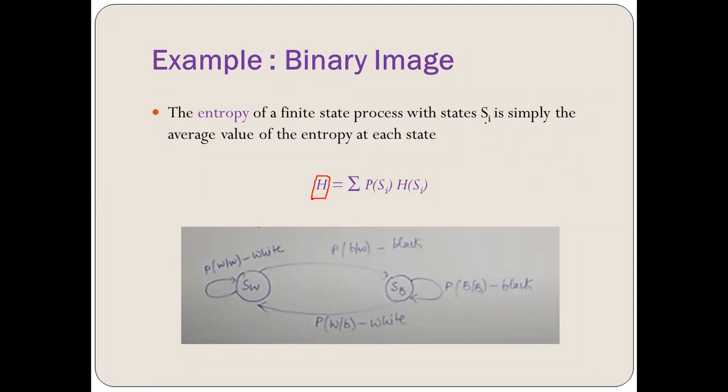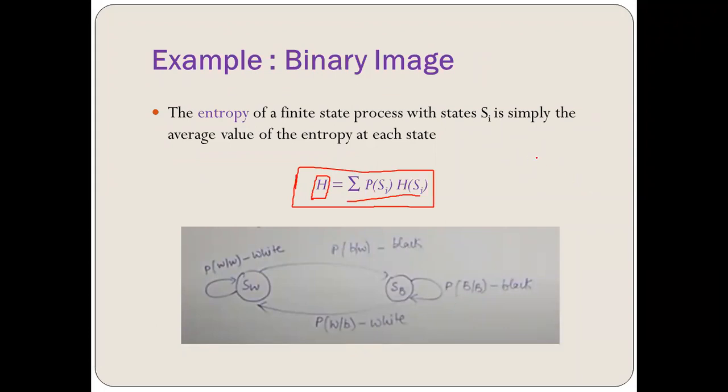Here we have two states in the example. So H is simply the average value of the entropy at each state. At each state, we can find the entropy by using this particular formula and putting in the values. This is the graphical format of the Markov model.